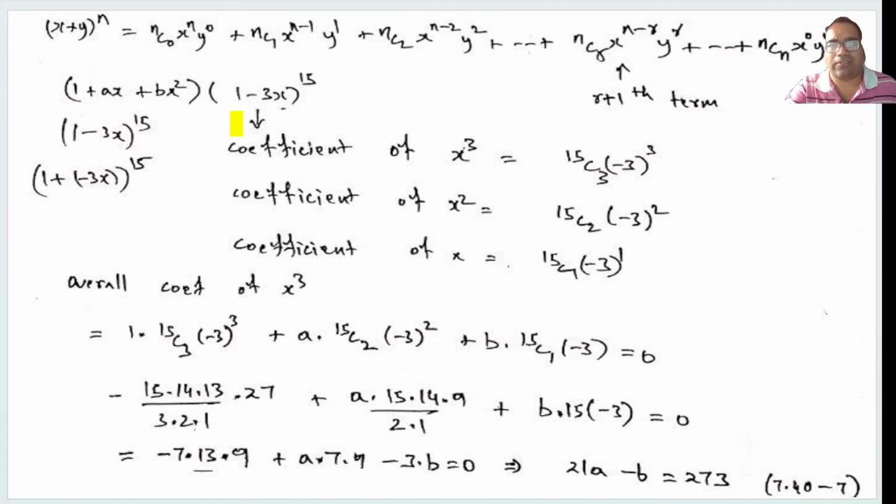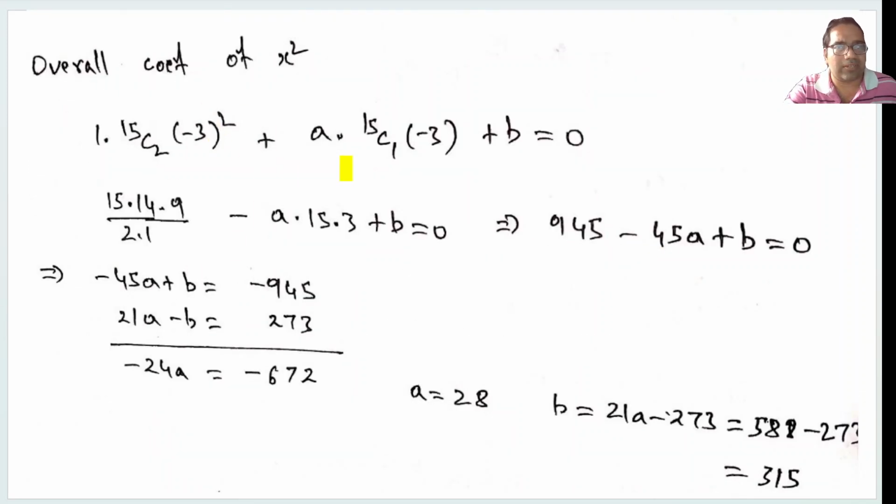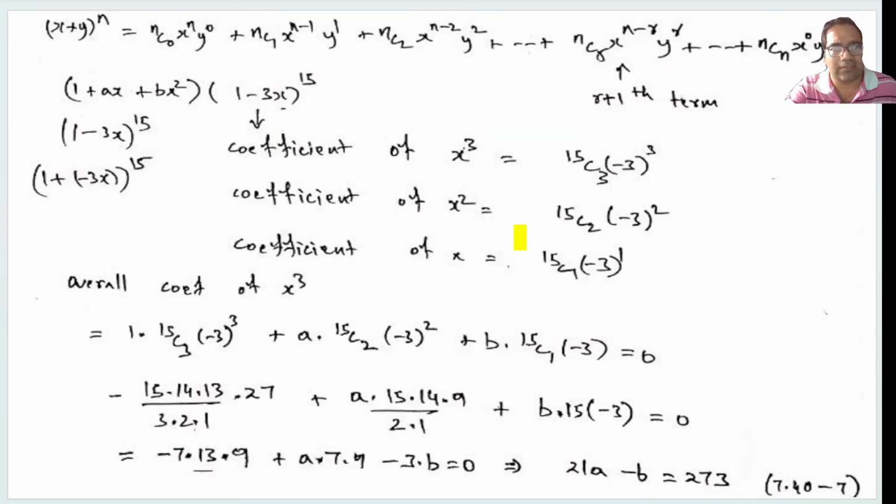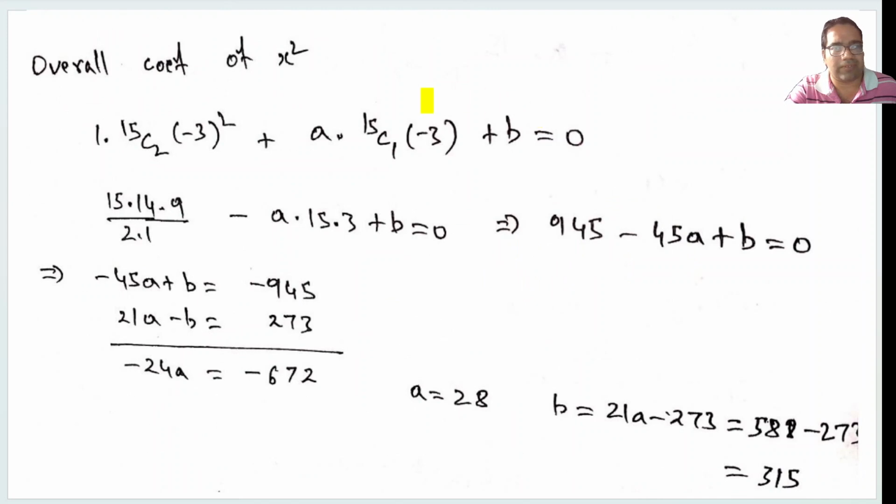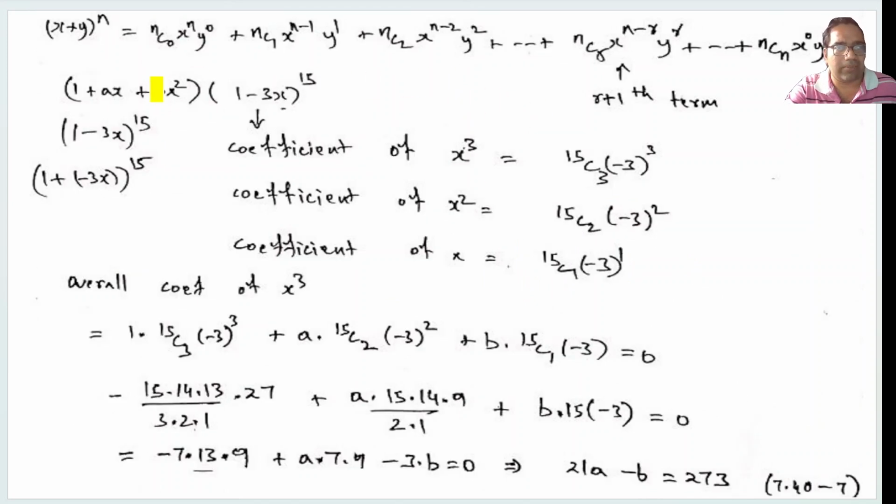So it is 1 into 15c2 times (minus 3) squared, plus a into 15c1 times (minus 3) to the power 1, and finally b into 1, which is b.